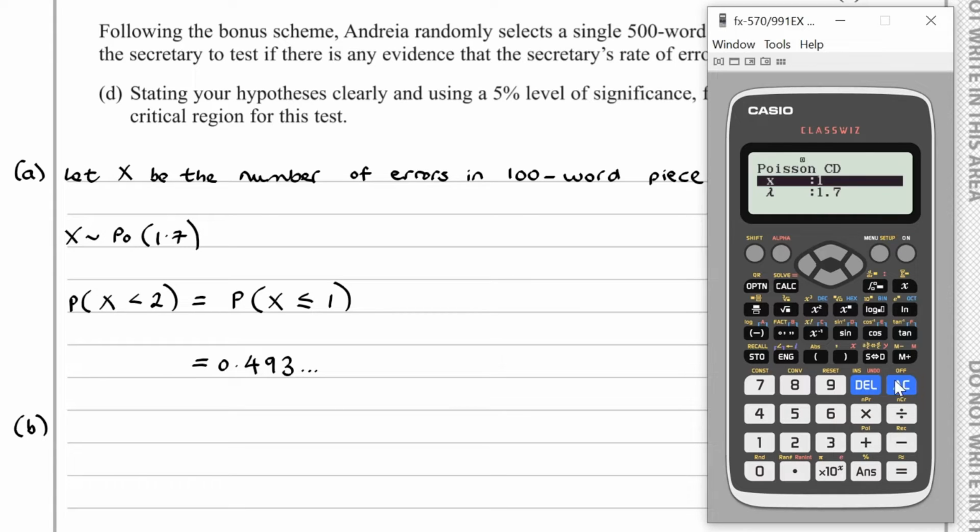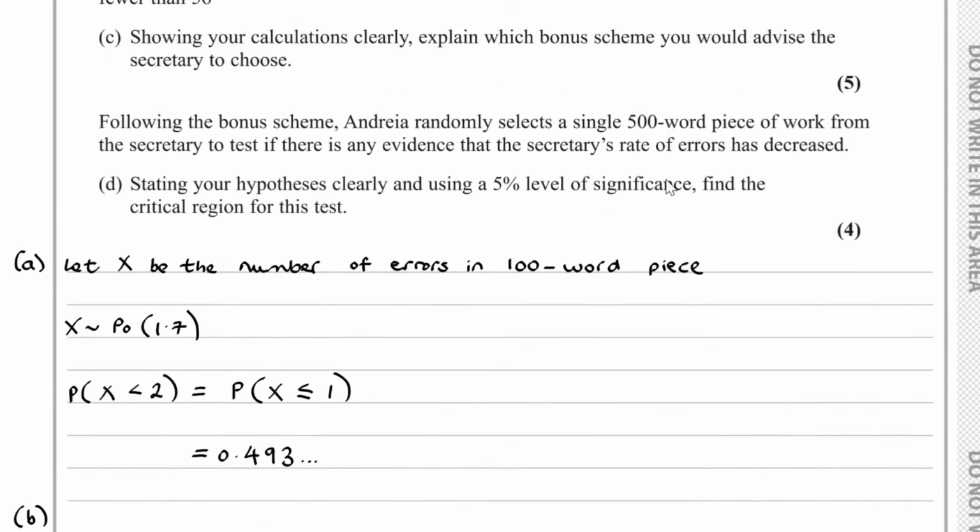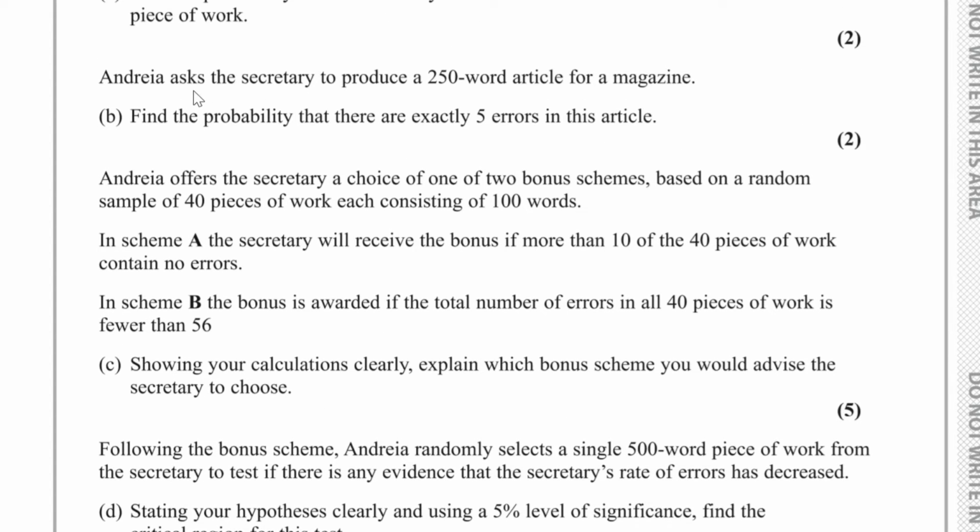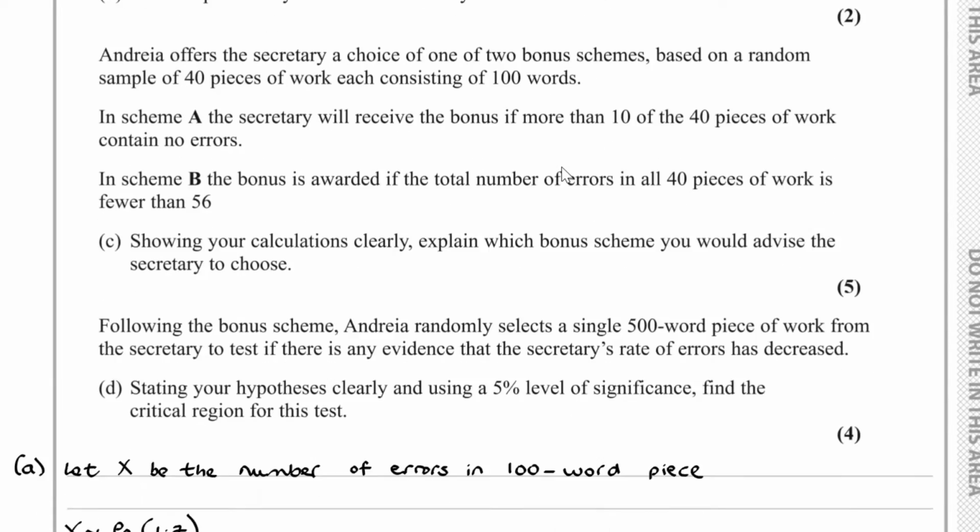For part B, Andrea asks the secretary to produce a 250-word article for a magazine. We have to find the probability that there are exactly 5 errors in this article.